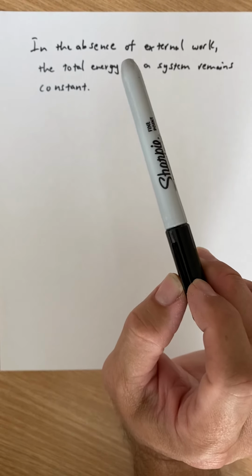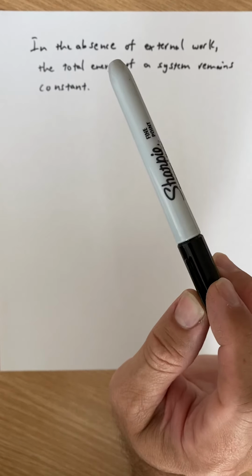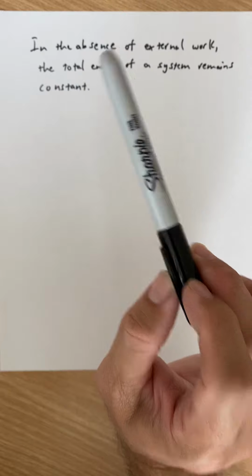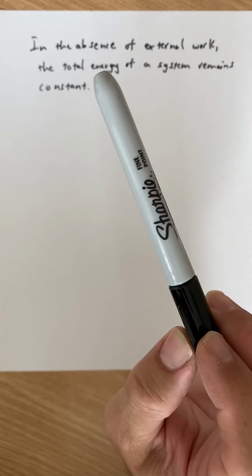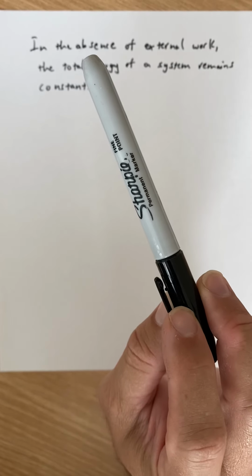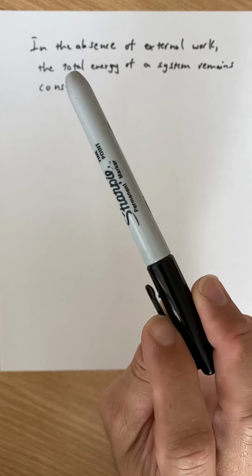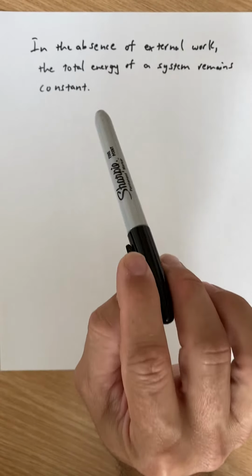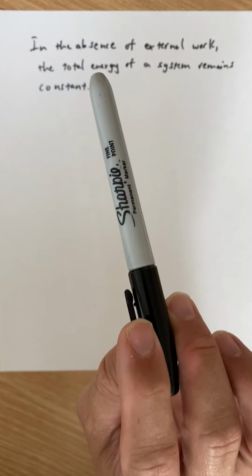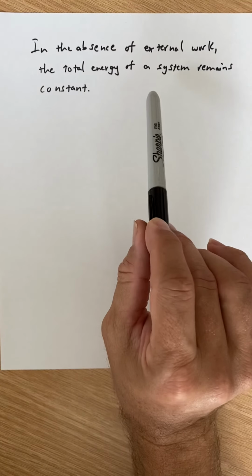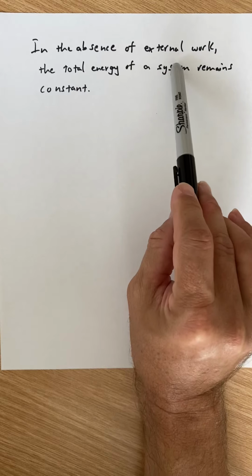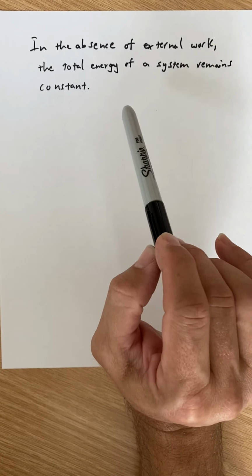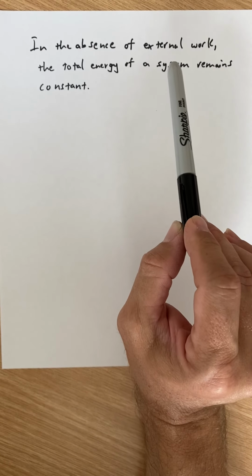And that force is completely encased inside the system I've defined of the pin and the earth. But if I define my system to be just the pin, then gravity is external to that because it exists between the pin and the earth, but the earth is no longer in my system. And so whether or not work is external or internal is going to depend upon how I define my system.